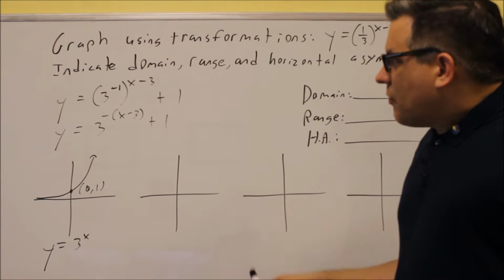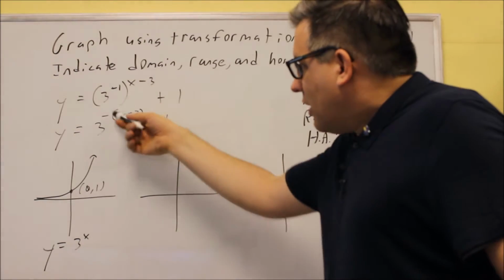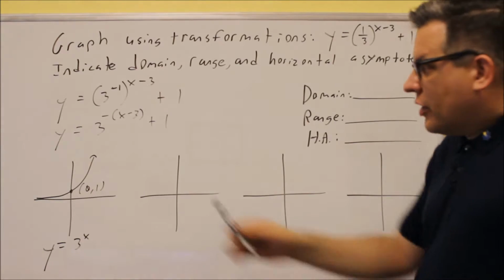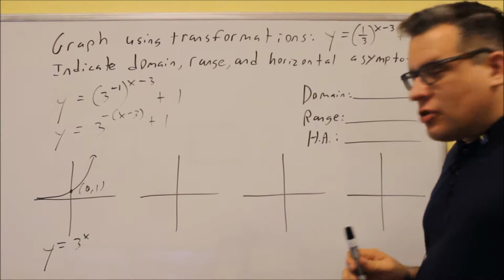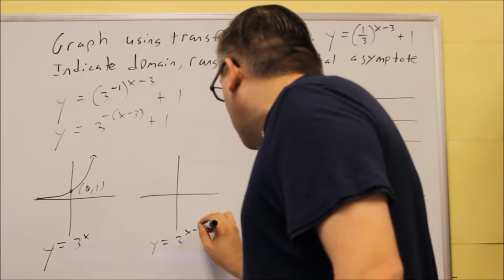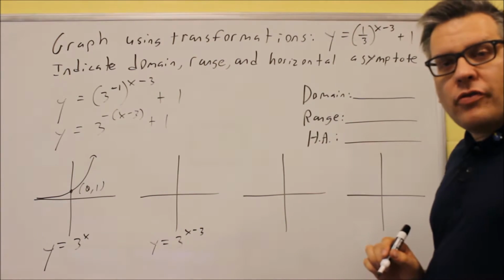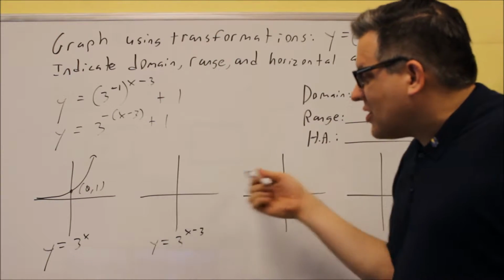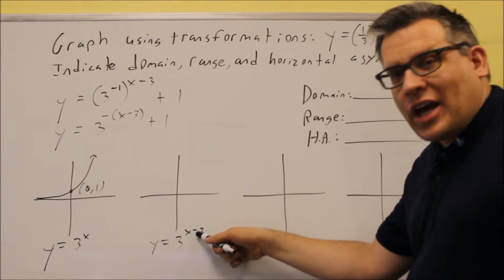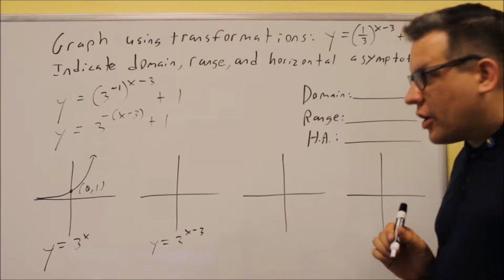Now, we want to deal with the exponent part first. Let's do the x minus 3, so y equals 3 to the x minus 3. That means you're going to move the graph 3 places to the right. It's always the opposite sign, so with the negative, we're instead moving in the positive direction.